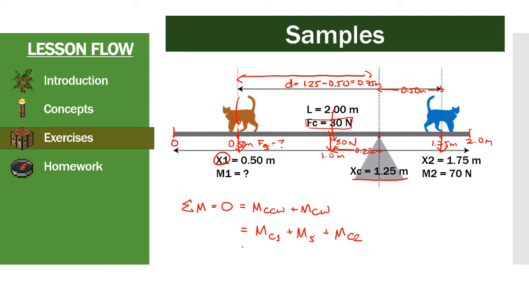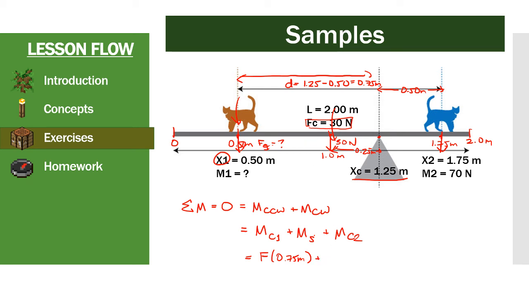We can now calculate the missing quantity, which is how much weight this cat has. So let's see, cat number 1. You don't know the weight, so let me just label that F1, but you know that this cat is positioned 0.75 meters away from the center of support. Now, let's account for the seesaw.